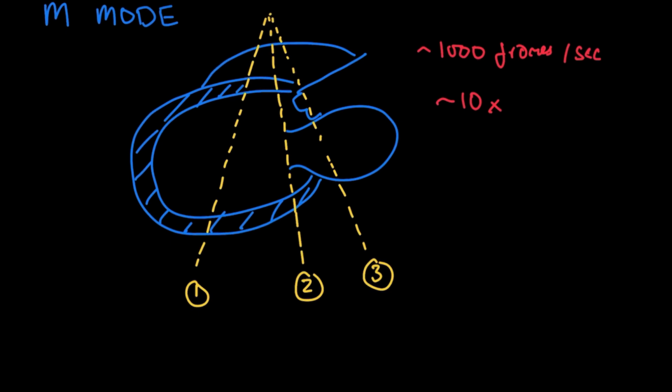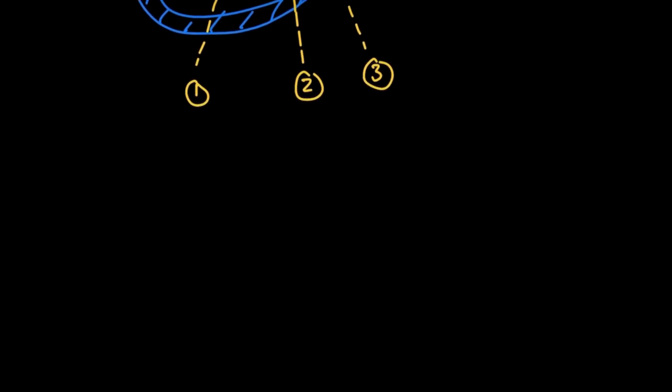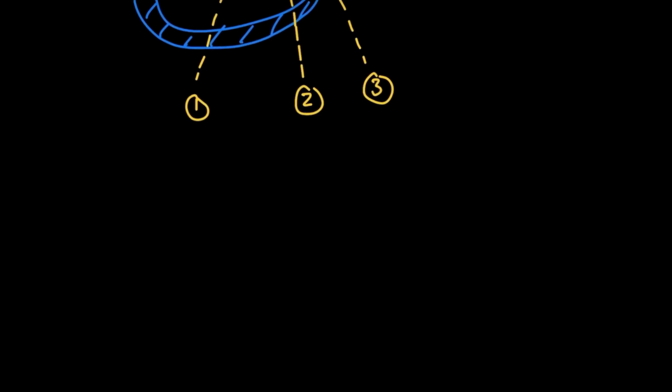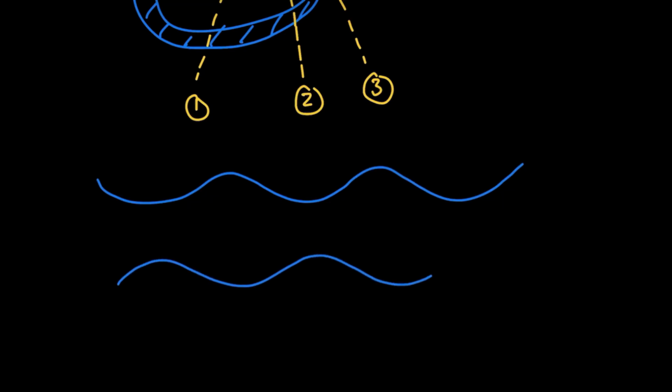Well, let's start with number 1, slicing through the left ventricle. So you'll see something like this. I'm going to draw 3 cardiac cycles here.